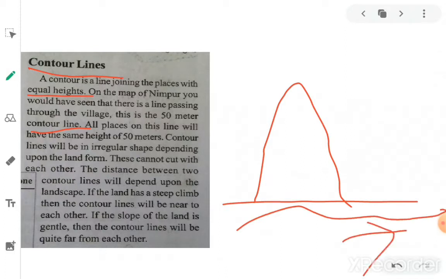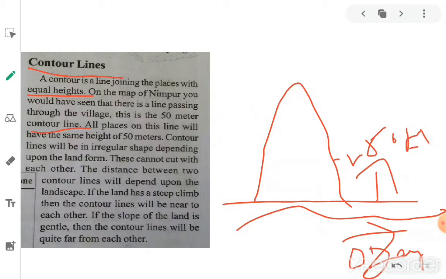From sea level to the village it is 50 meters height. All places on this line will have the same height of 50 meters. Suppose there is a forest area or any other area on this line, that also comes under the 50-meter height.